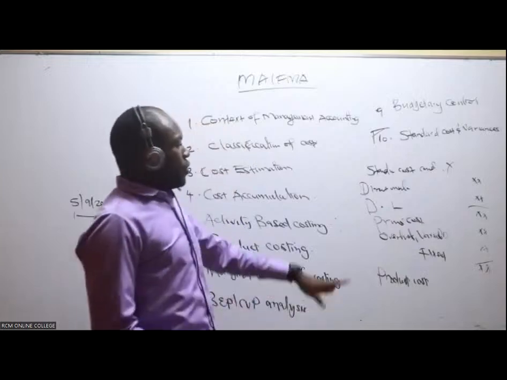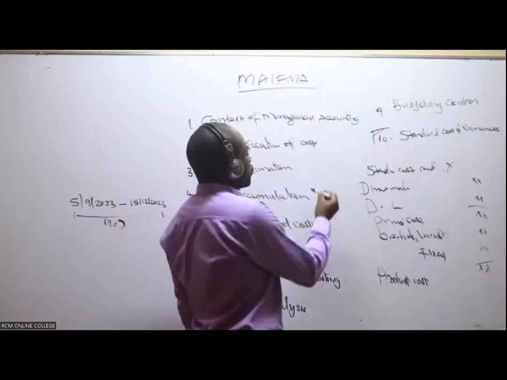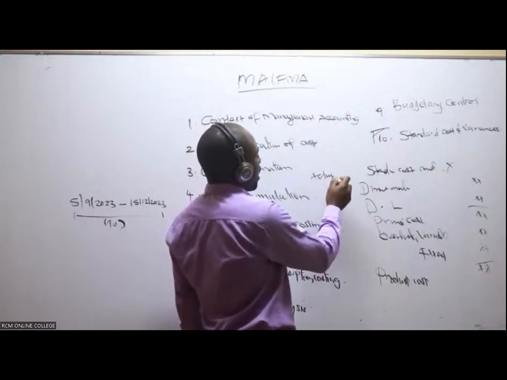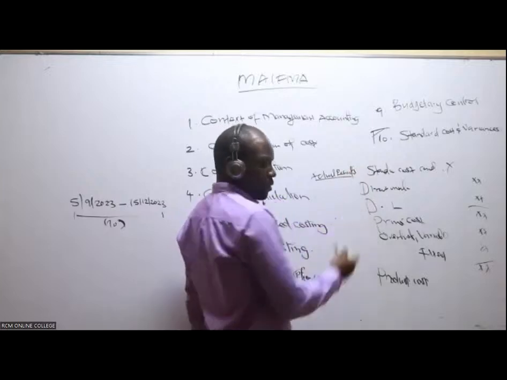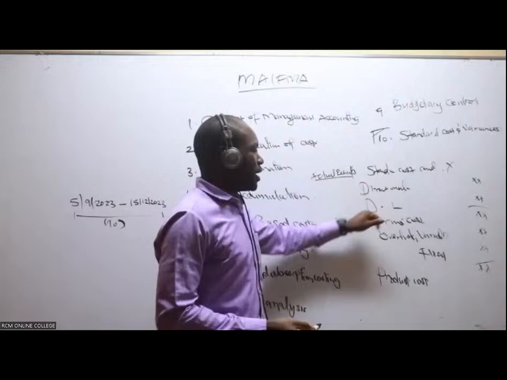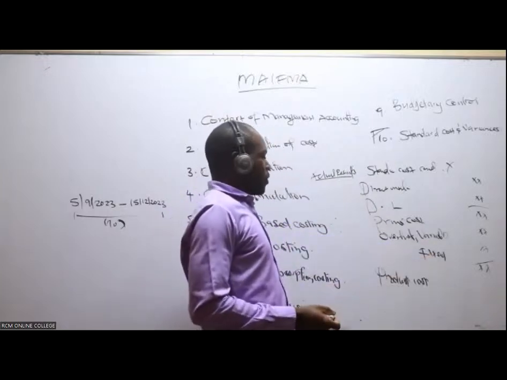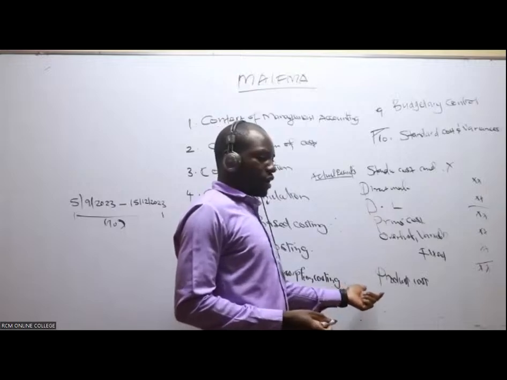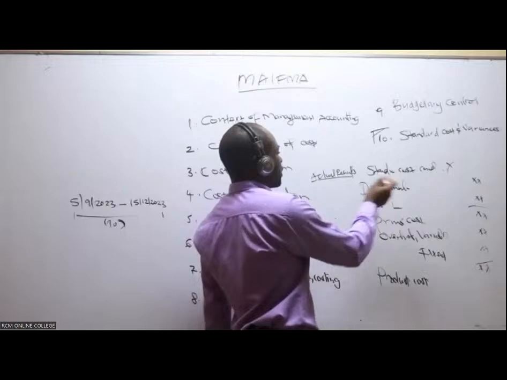Now, with the standard cost card and the actual results. So actual results will also be containing direct material, direct labor, overheads, that is variable and fixed. Then you get now the actual product cost here. So you're going to have this and this one here.